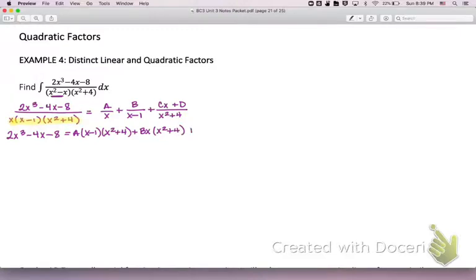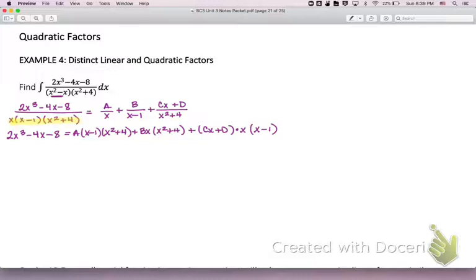And now we have plus Cx plus D times, we're going to have the x and the x minus 1.